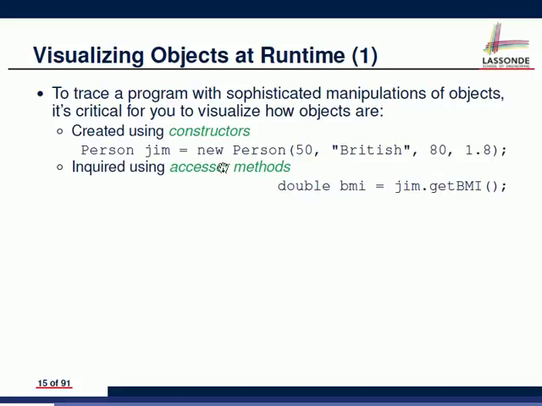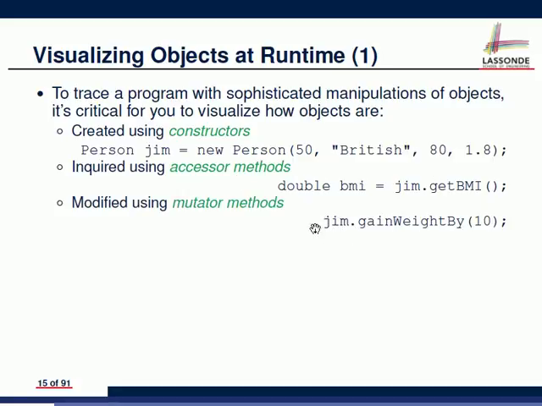This is called an accessor method call. And with the same object, we say Jin.gainWeights by 10. In this case, we know that we're going to change this object. But how do we do that? I'll also show you.